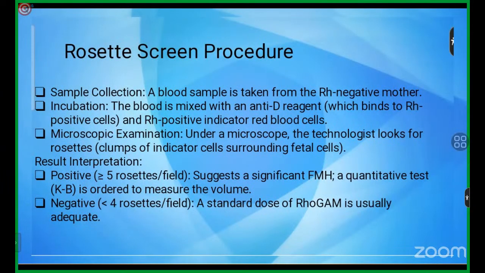The result interpretation is that it's positive when we find greater than 5 rosettes per field. This suggests a significant FMH, and then a quantitative KB is ordered to measure the volume. So the threshold is greater than 5 rosettes.